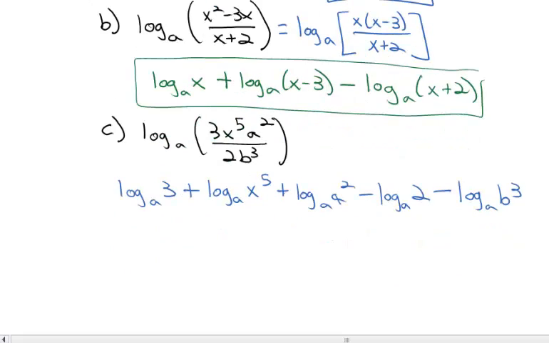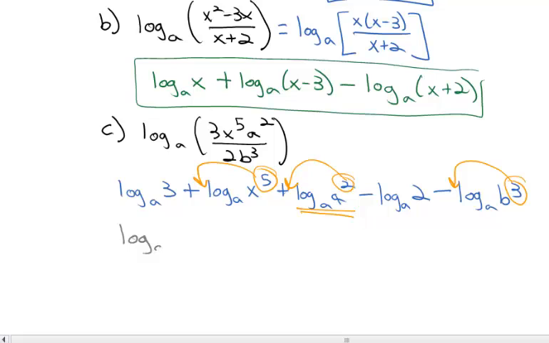However, we can do a little bit more simplifying. You might notice we've got some exponents that can move out front of these logs. You also might notice that we've got a property of log base a of a squared. Because the base of the log and the base of the exponent match, the solution there is just the exponent.